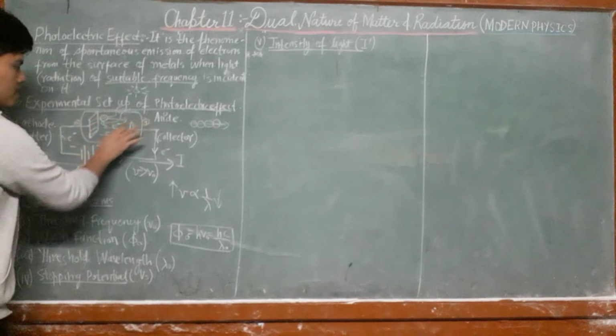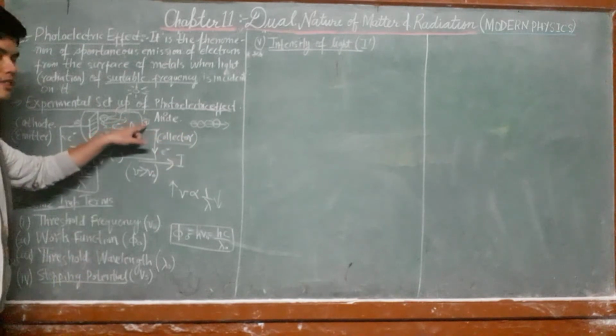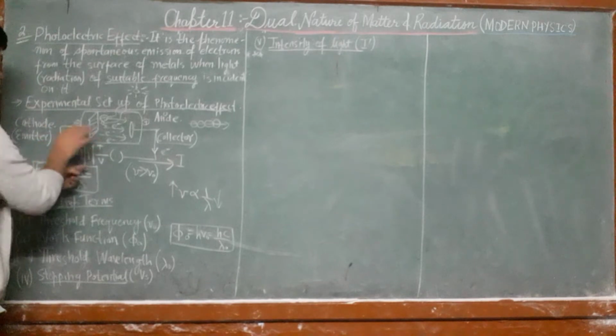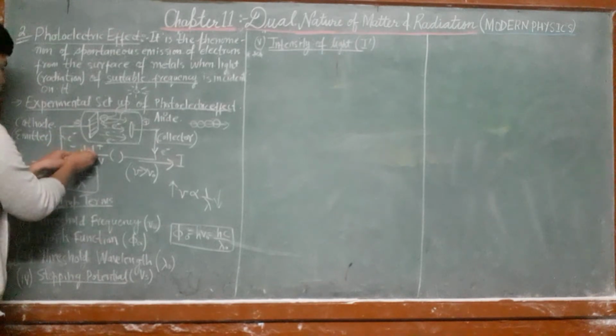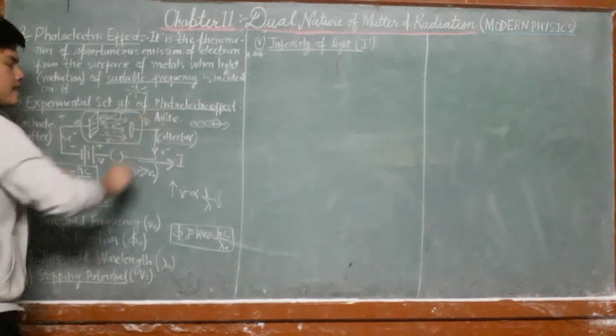electrons are being caught by the collector side since it is positive. To stop them, you have to change the polarity of the battery, so that the collector becomes the negative plate.